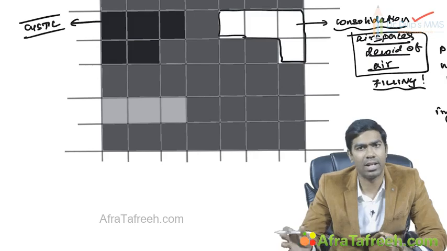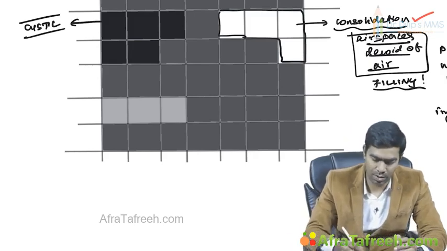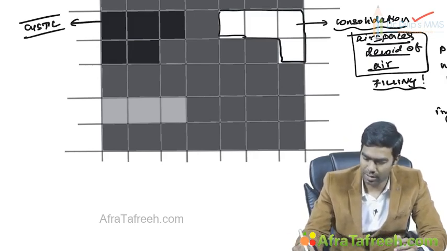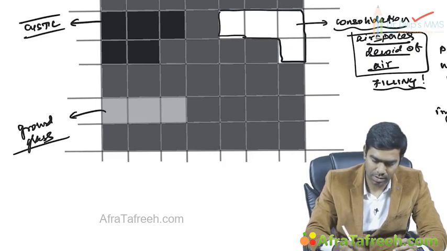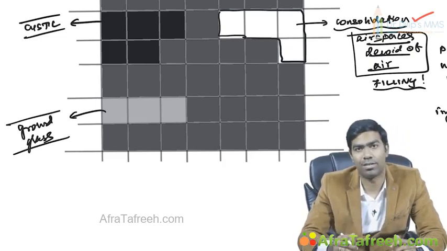Little air is left, little air is gone. What do you call it? This is what we refer to as ground glassing. This is what we are going to call a ground glass appearance. It's partial displacement of air. That's it.